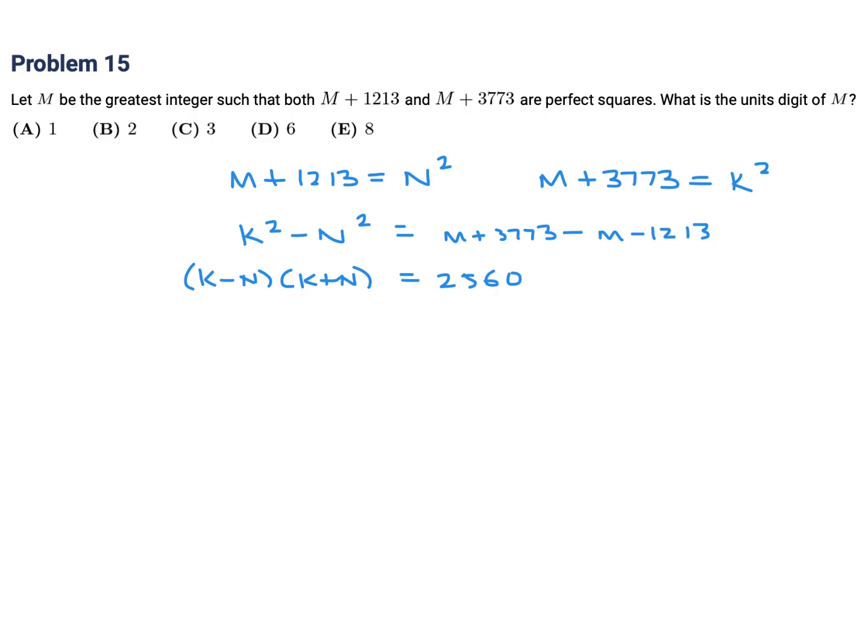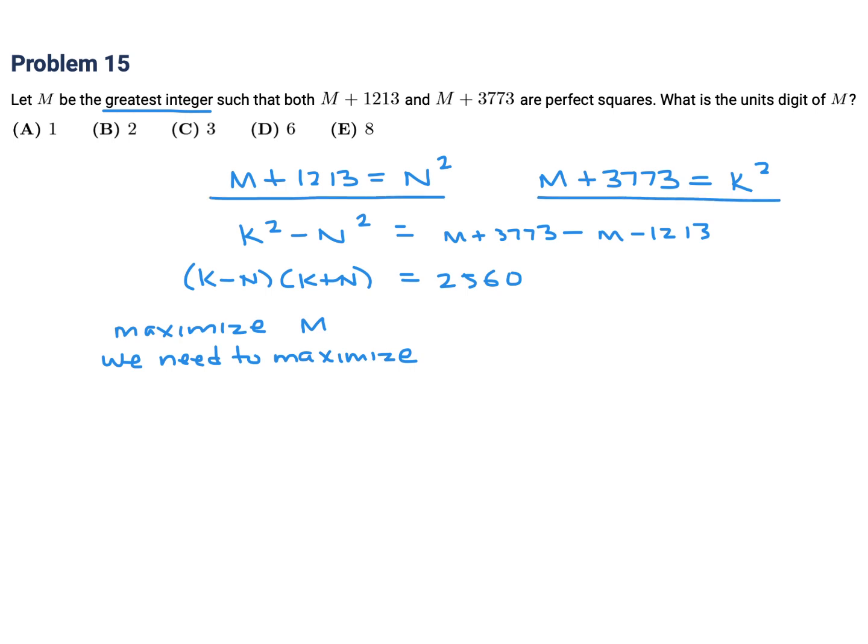Okay, so, oh boy, so what do I do? But m, we want it to be as large as possible. So we want to maximize m. And to maximize m, we need to maximize either k or n, because if you maximize m, you maximize n or k.